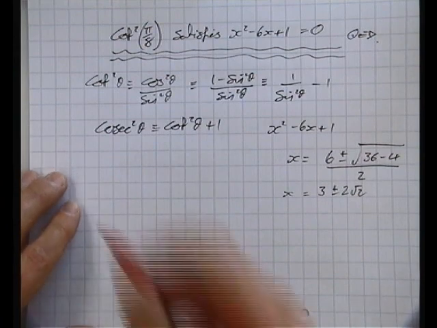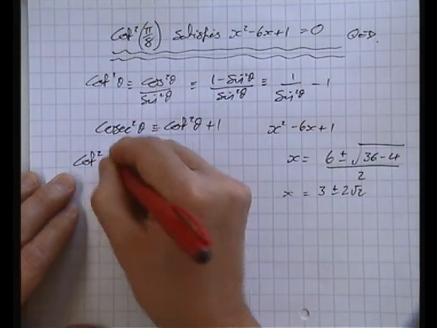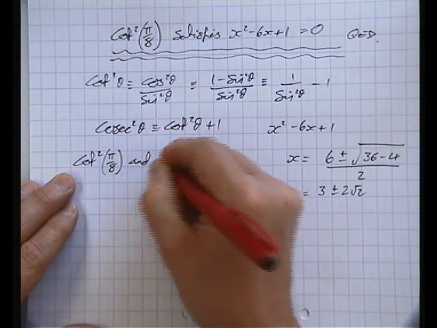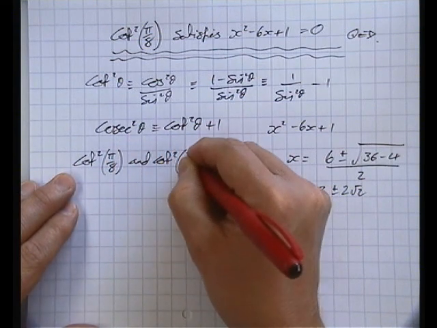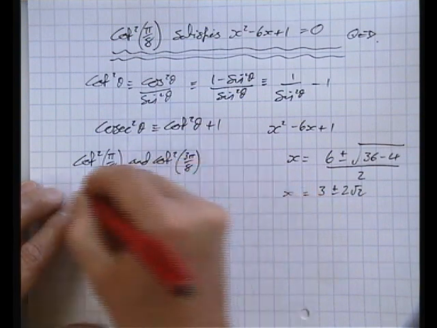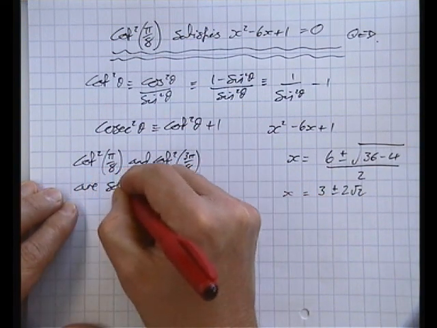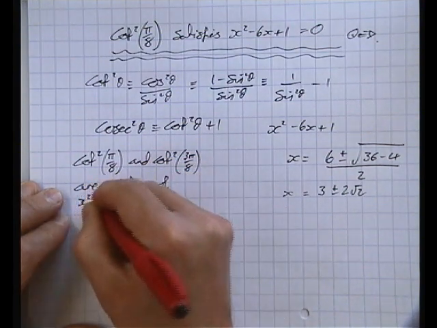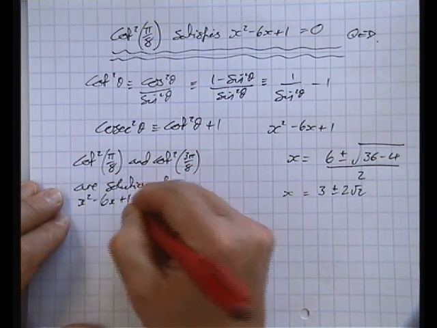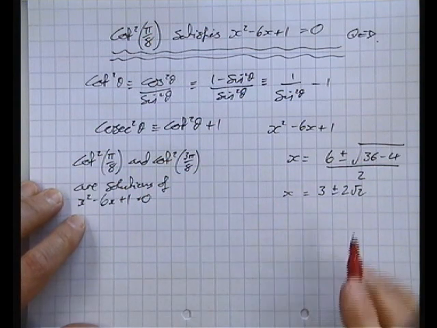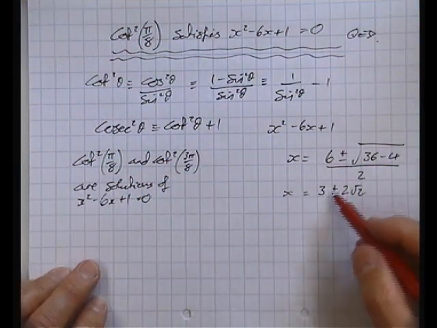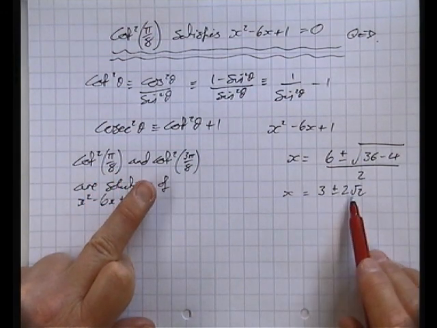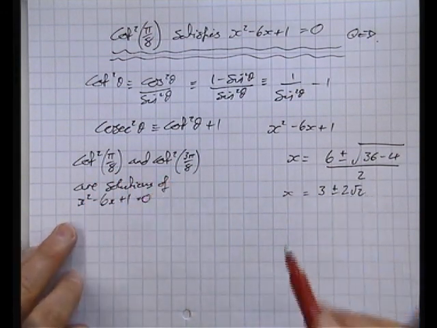So I know that cot squared pi by 8 and cot squared 3 pi by 8 are solutions of x squared minus 6x plus 1 equals 0. And a quick check of my diagram, 3 plus 2 root 2 is cot squared pi by 8, and 3 minus 2 root 2 is cot squared 3 pi by 8.